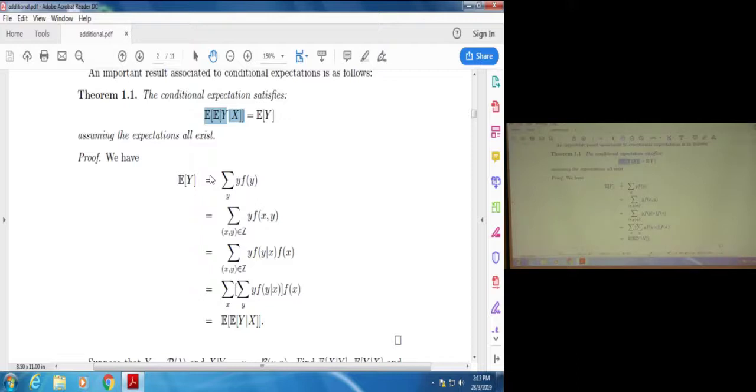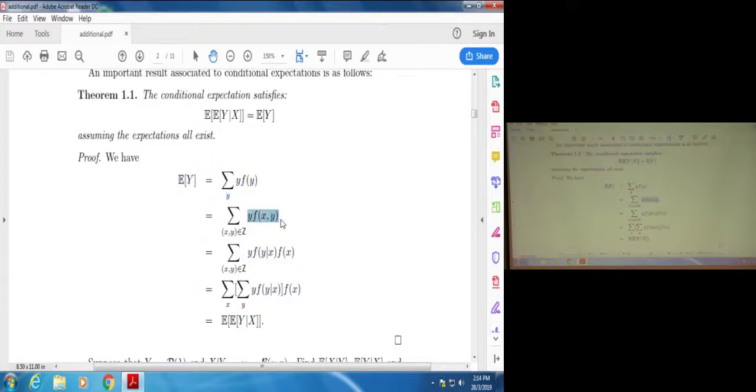So the idea is that we will start here on the right-hand side and we will derive the left-hand side. By definition, the expectation of y is equal to the sum over all possible y's of y times f of y. Okay, now I can expand the space that I'm summing over, because I can sum over all x and y's of y times f of x, y.